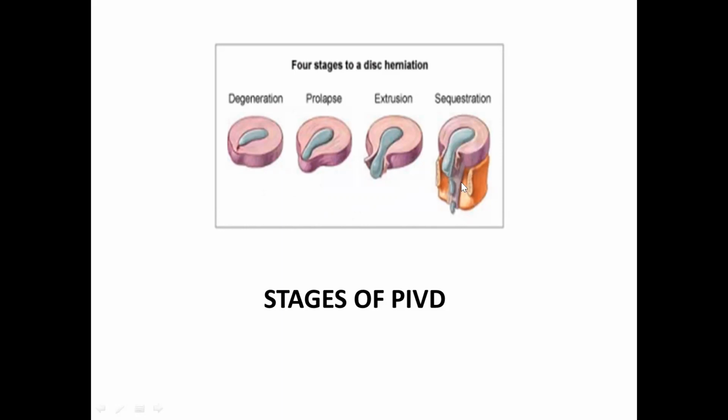Because of this degenerative portion, the leakage started occurring from the area. But don't think that leakage will be external, it will be internal only.